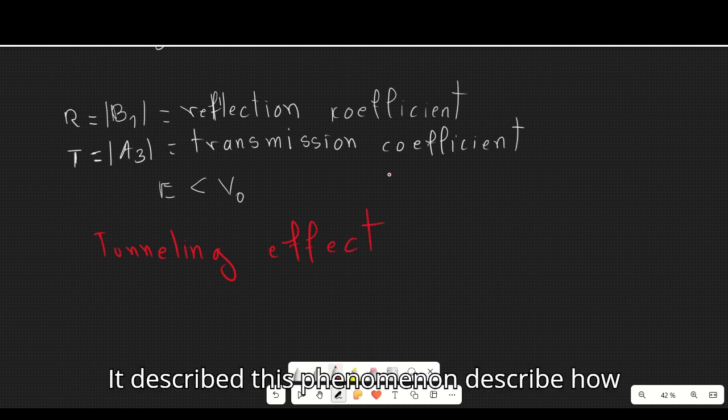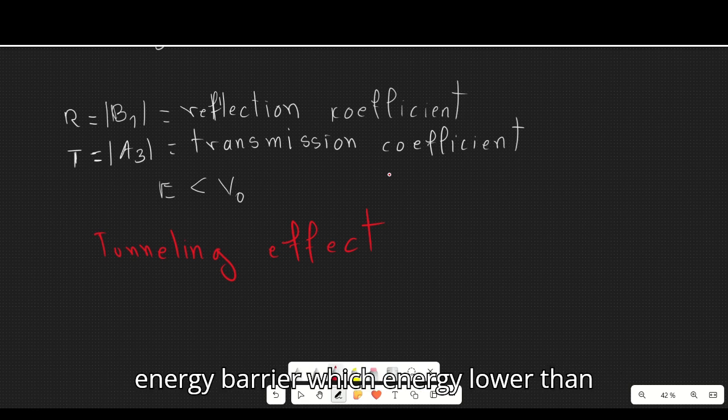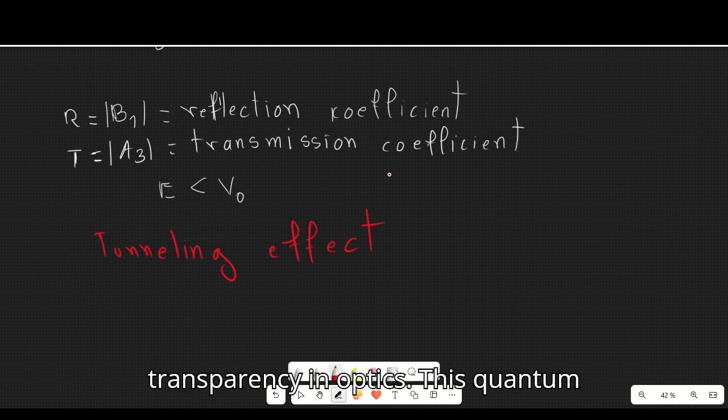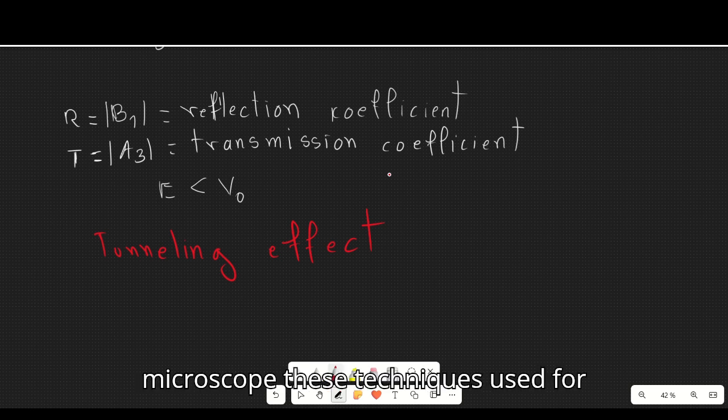This phenomenon describes how a quantum particle can traverse an energy barrier with an energy lower than that of the barrier. It is analogous to optical transparency in optics. This quantum property is notably used in the construction of the scanning tunneling microscope.